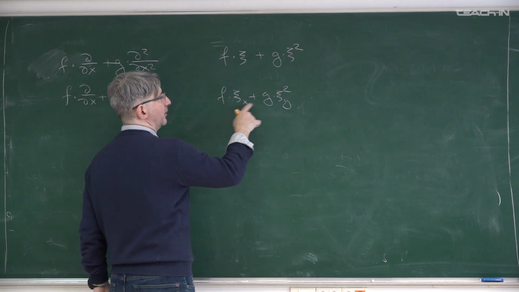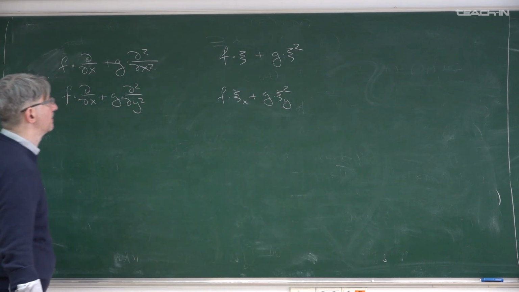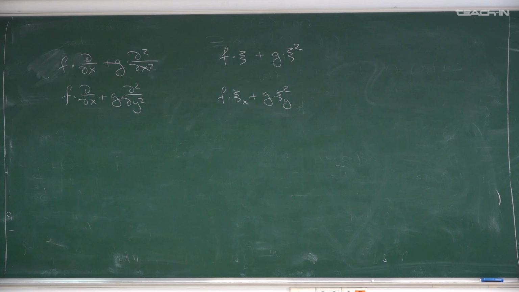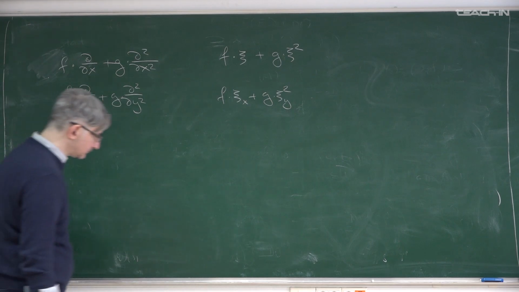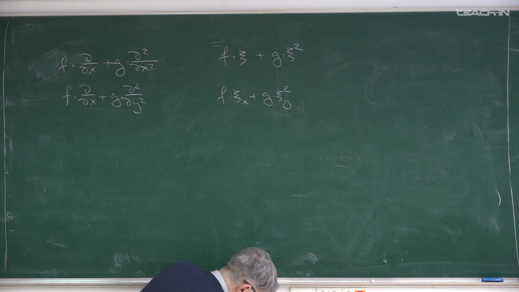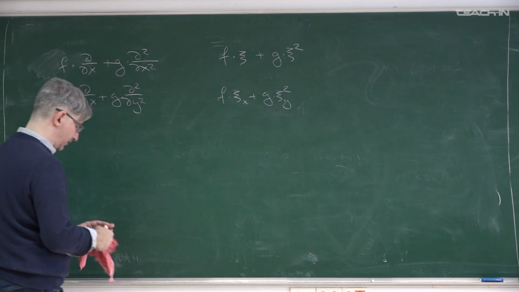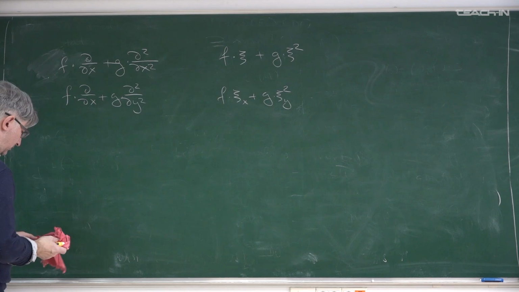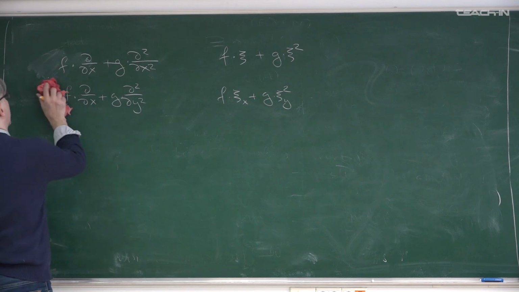One xi is for x, another one for y. Well, but I want to define symbol in a coordinate-free approach, so let me do the following kind of exercise.